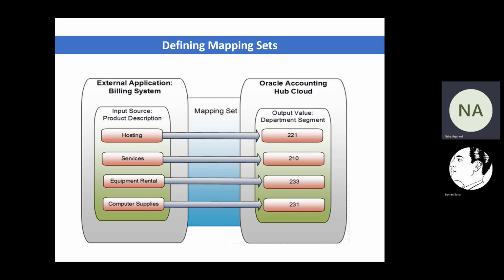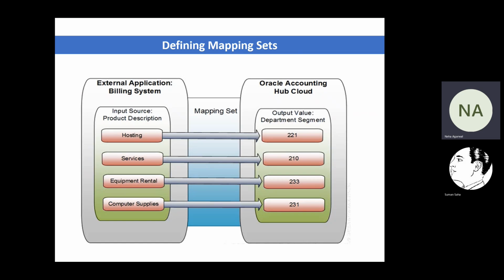So this mapping will help the Oracle system to understand that if you enter product description data as hosting, it has to pick the department segment value 221. In the same way, if you enter service as data, it will pick up the department segment 210.